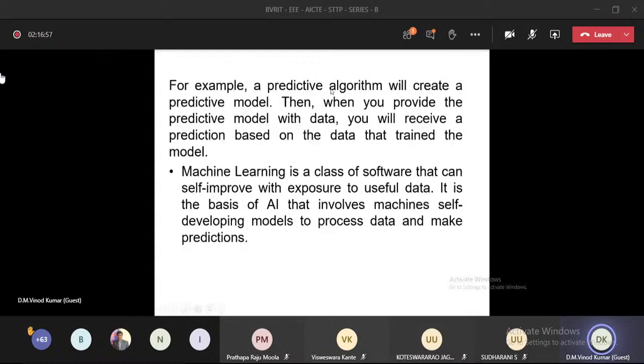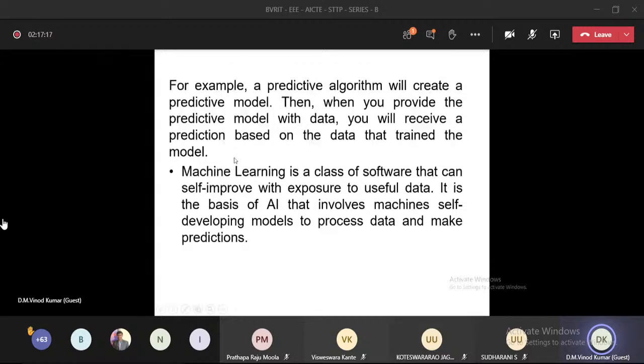We can forecast. When you provide the predictive model with data, you will receive a prediction based on the data that trained the model. The basic difference with a neural network is that here I will get the model as output, and from the model I can get the output.